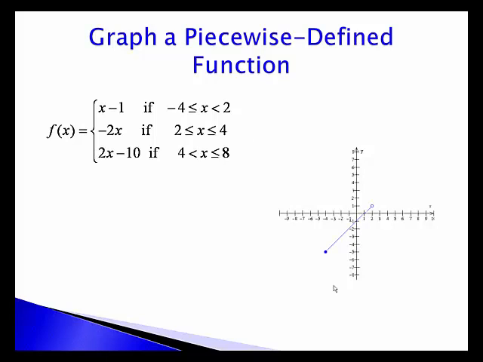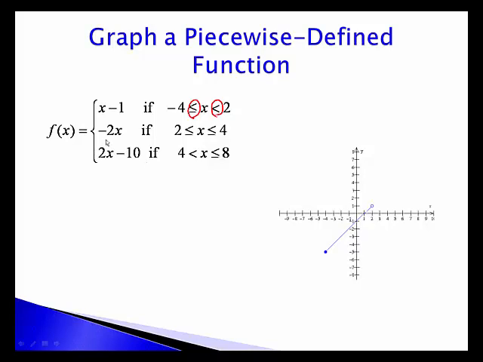The line x minus 1, if you had graphed the whole thing, would have extended further this way and further this way. But we're going to cut that line off. And because we have an equal right here, we're going to put a solid circle here. And because we have a less than without an equal here, you'll notice we have an open circle. So we graph that first piece totally, and then we move on.